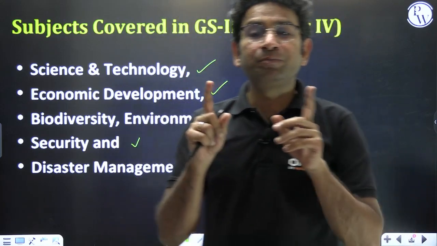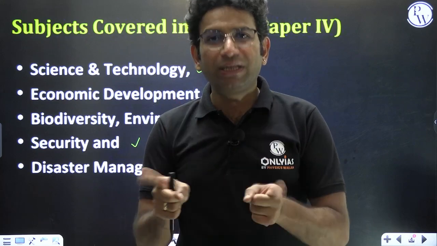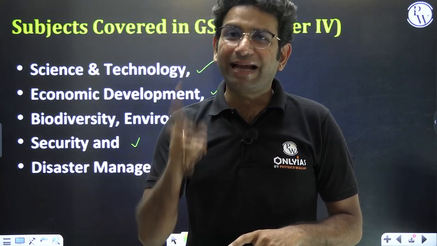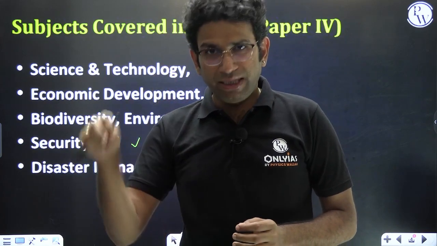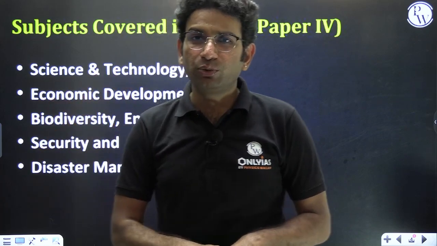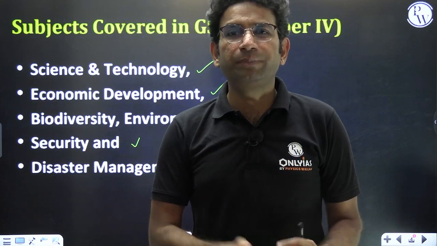Now, one thing I'll say about GS paper 3, this is the least scoring paper among all the candidates who are cracking this examination. Even if you see the toppers of the current year, last year and others, you will majorly find that students are scoring in double digits. Even this year, of the top 5 who cleared the examination in 2024, I think 3 or 4 candidates have scored less than 100.